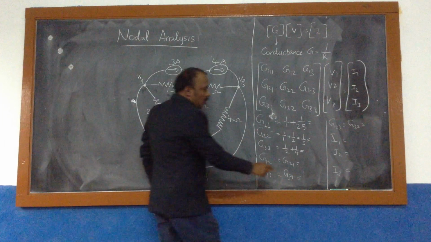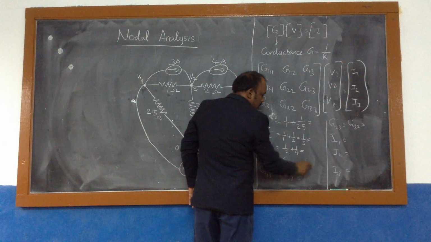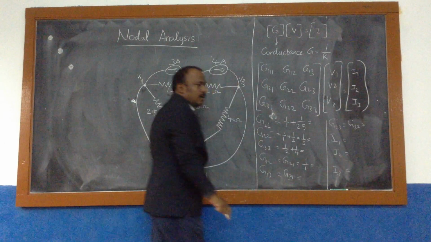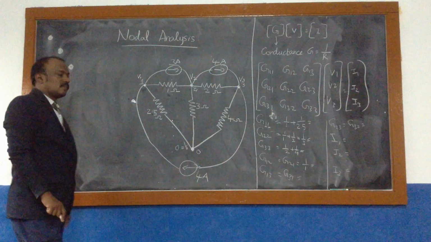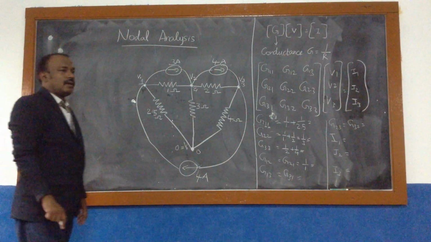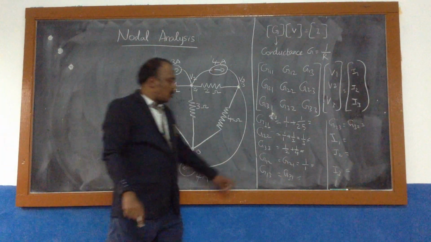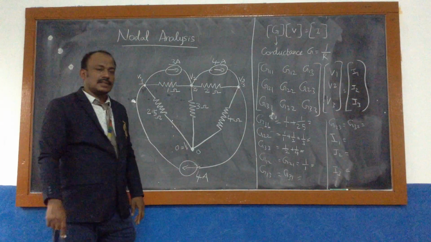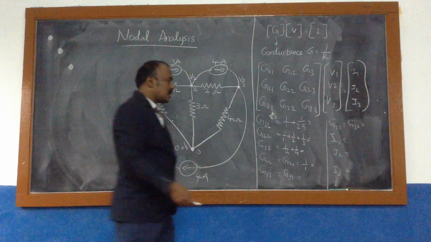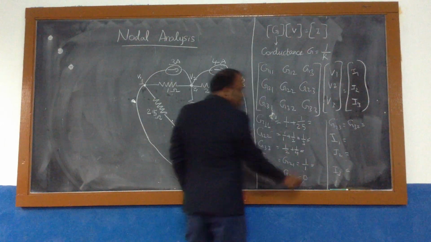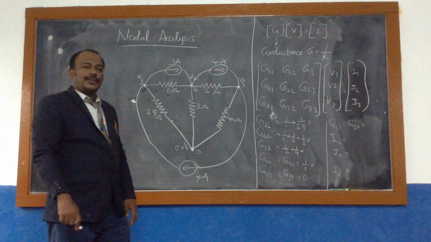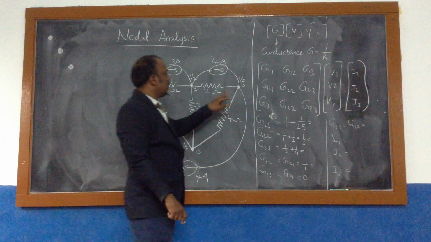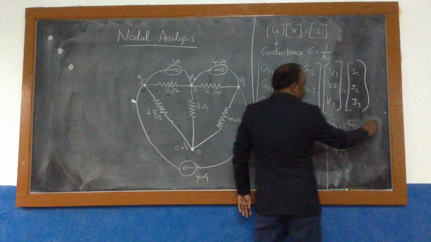Take the reciprocal, 1. Here, then 1, 3. 1 and 3, is there any common resistance or conductance? Nothing is there. So put 0. Then 2 and 3, 2 ohm is there. So 1 by 2.